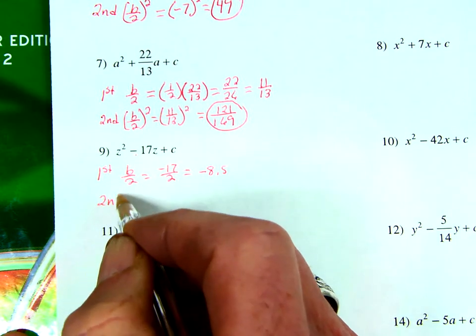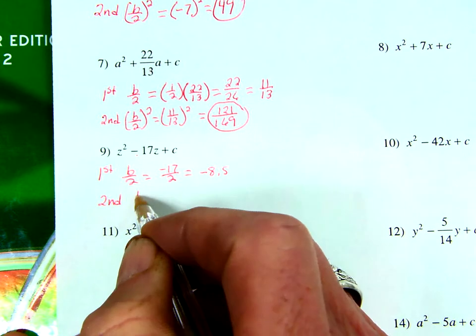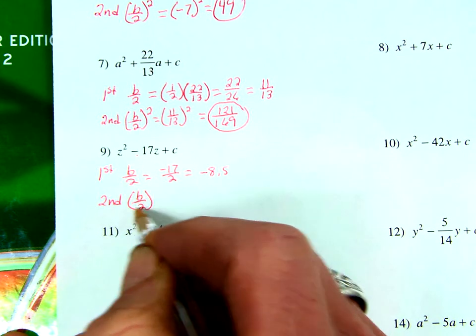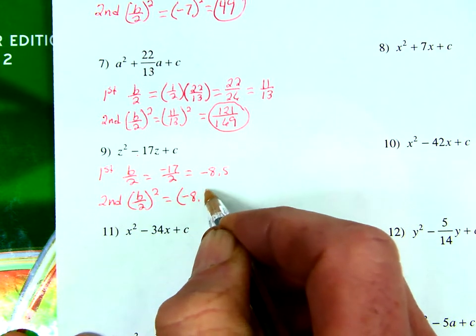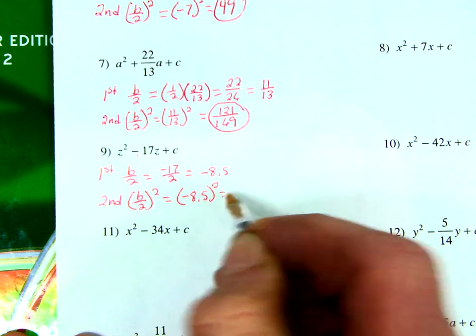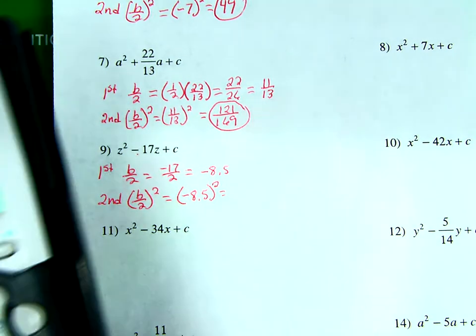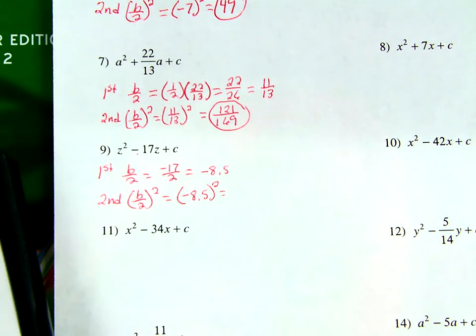Alright, second step. b over 2 squared equals negative 8.5 squared. Or you can leave it as a fraction and square the fraction.